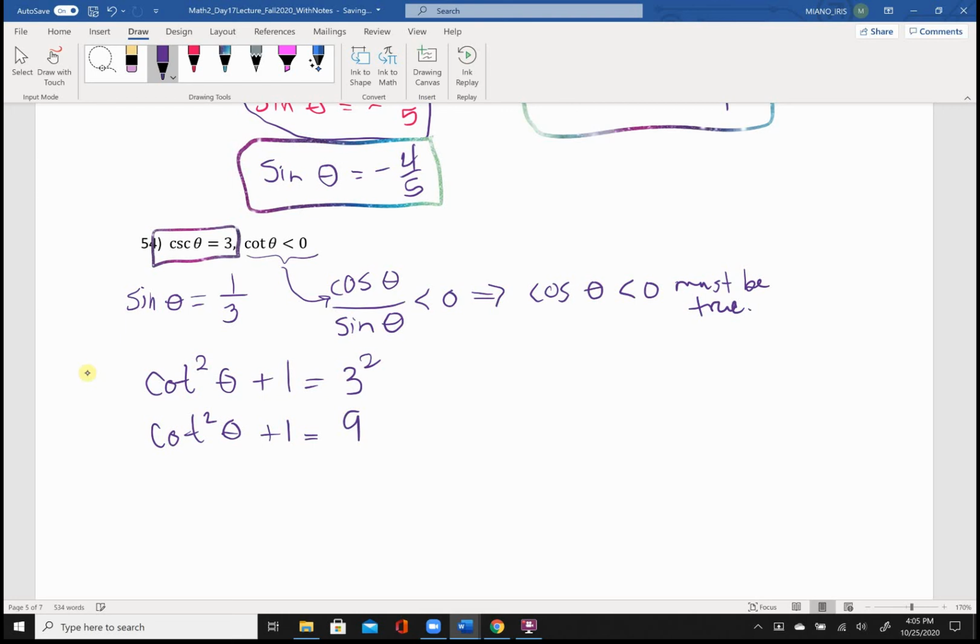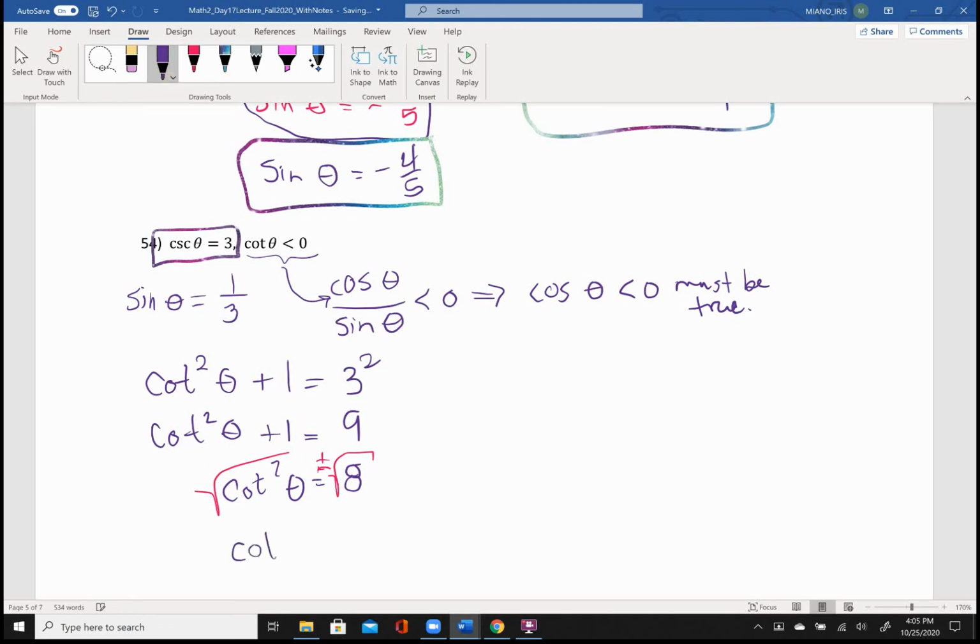Let's subtract 1 from both sides. That means the cotangent squared theta equals 8. Let's take the square root of both sides, and remember, you're going to take the plus or minus square root. We need both. And we'll know from this information that we're actually just going to take the negative square root. Very cool to know that.